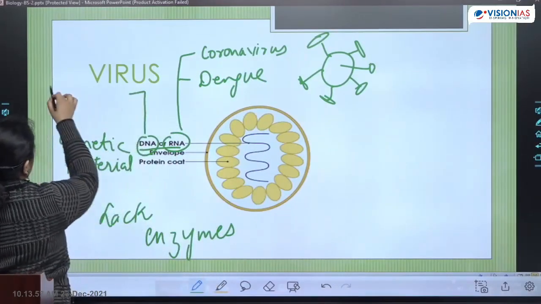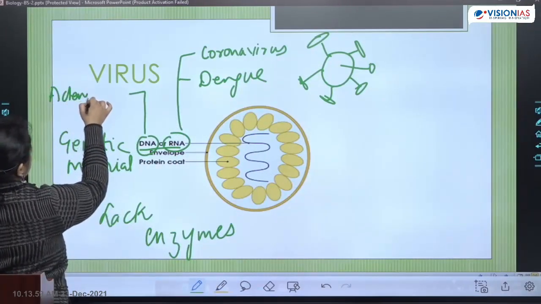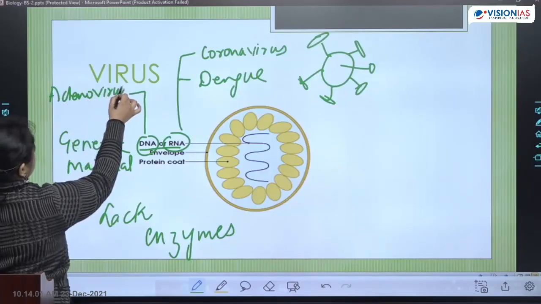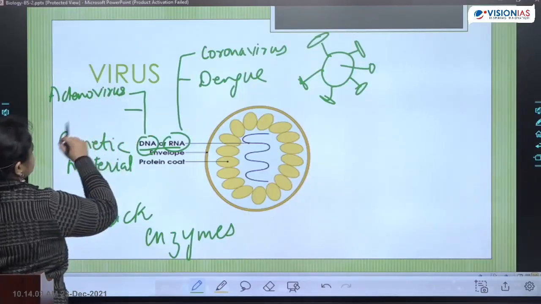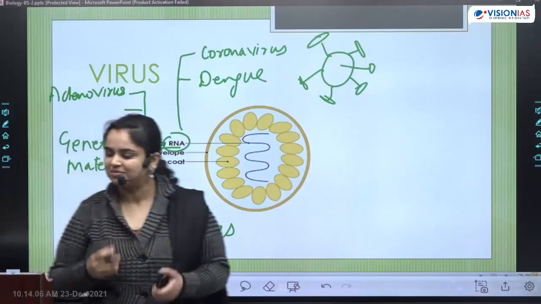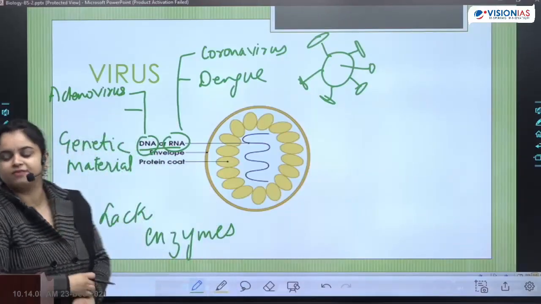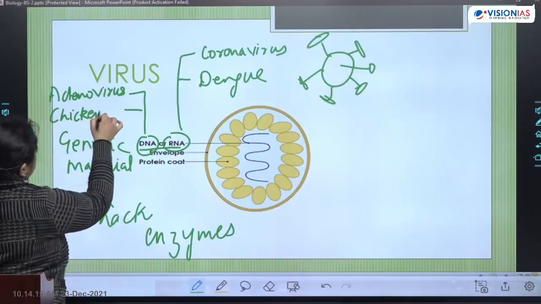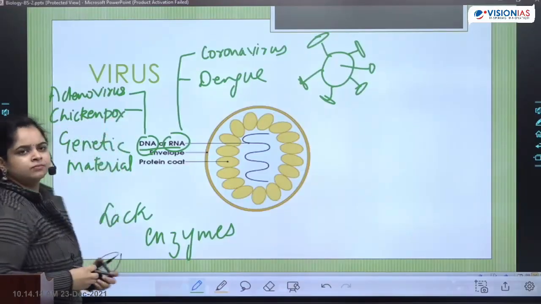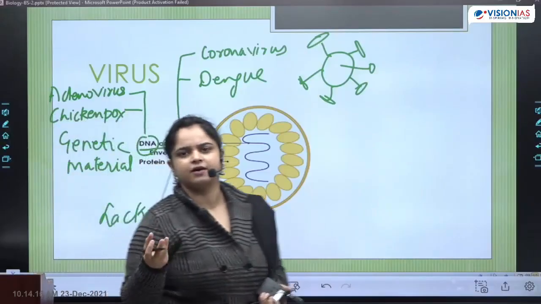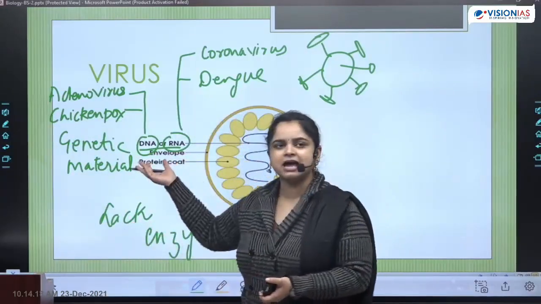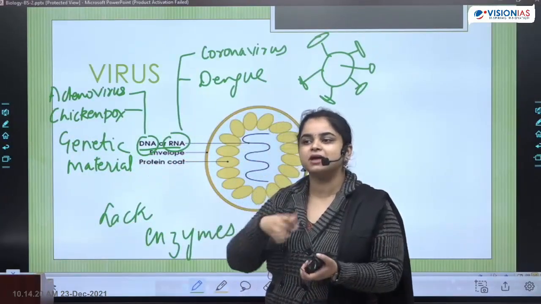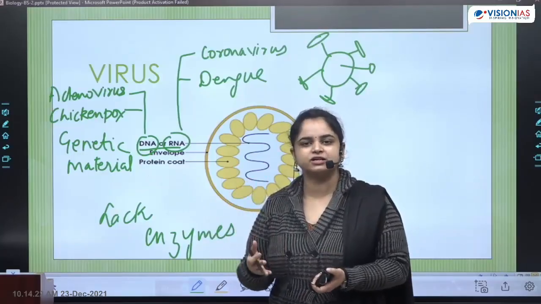In DNA we have adenoviruses, the most abundantly found, or for a disease-causing virus, you can have the chickenpox virus, which is a DNA virus.